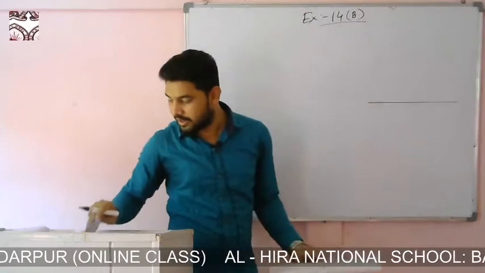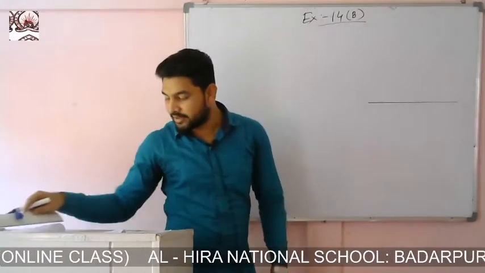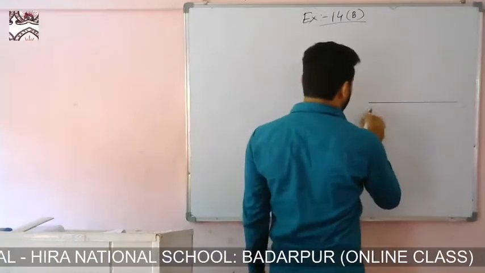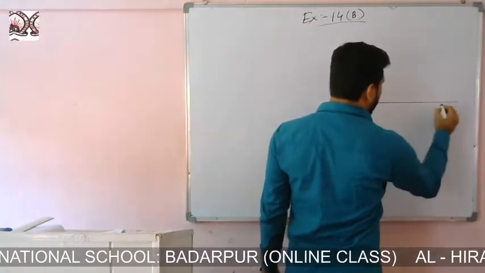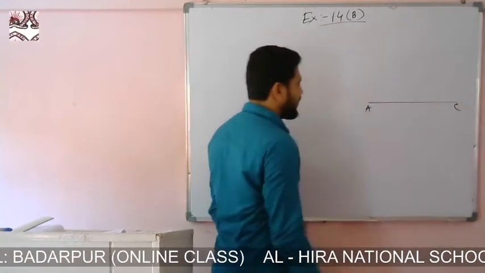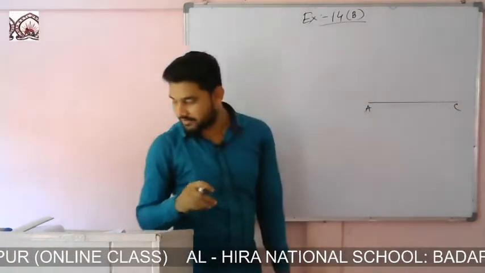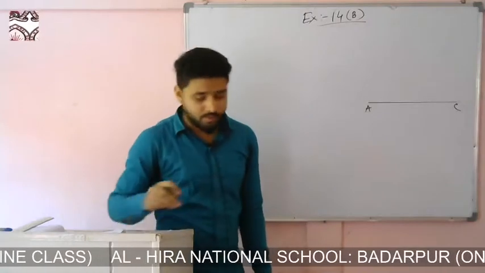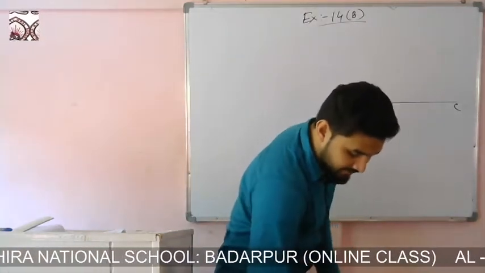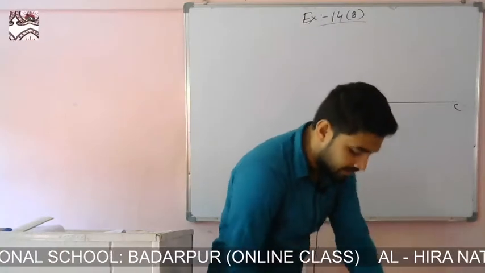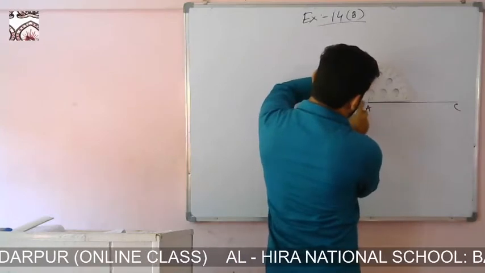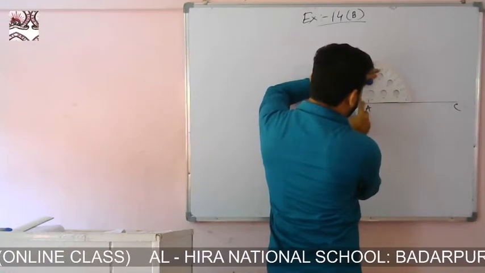It is given, draw a line segment, and this should be AC. Suppose it is A and it is C. After that you have to draw an angle of 50 degrees.